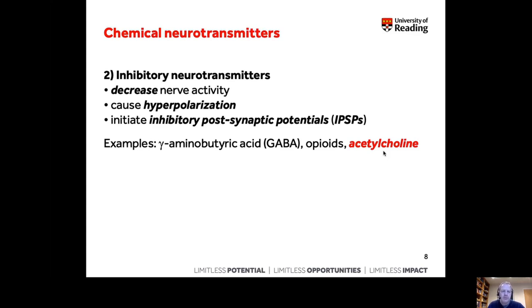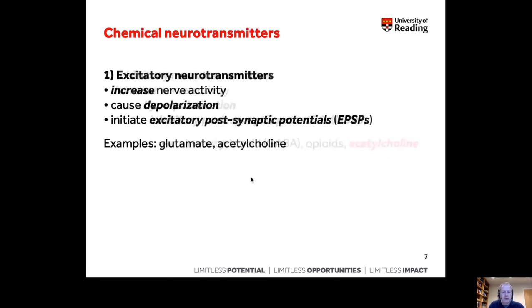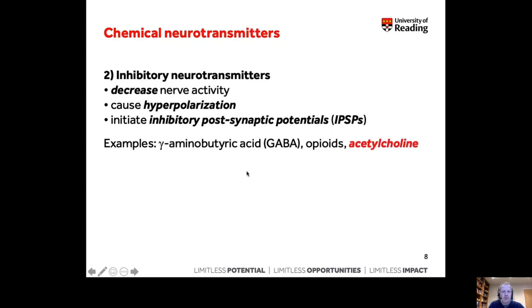Some of them can be excitatory, some of them can be inhibitory. And again, hopefully not to confuse you, all of the subtypes that glutamate acts on are excitatory. All of the subtypes that GABA acts on are inhibitory, as are opioids, but for acetylcholine, some of them are excitatory and some of them are inhibitory.